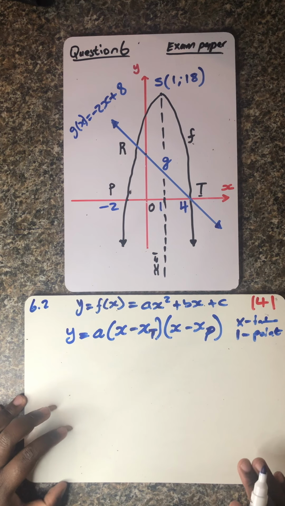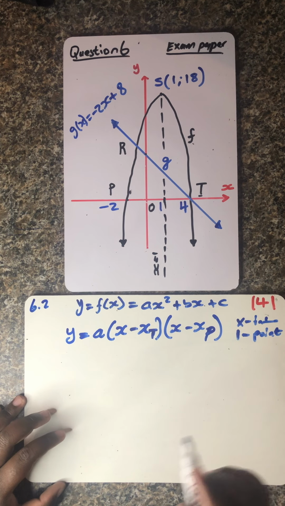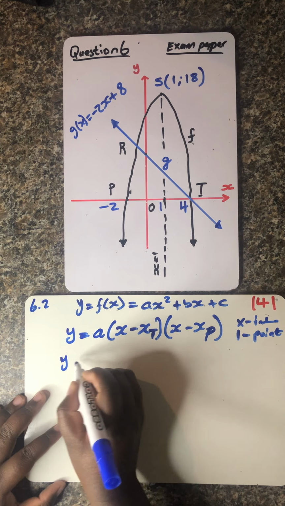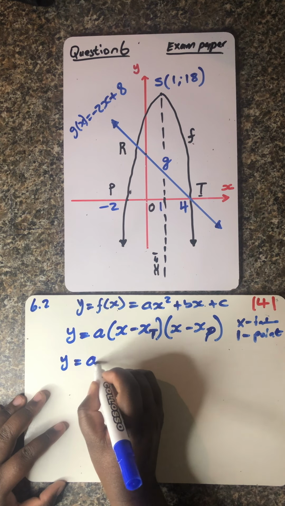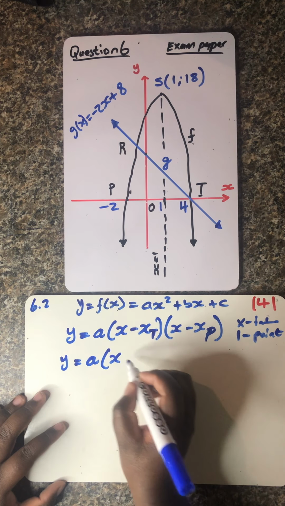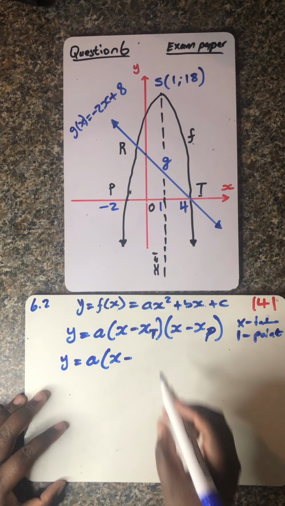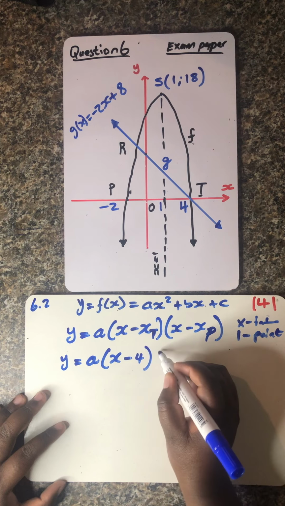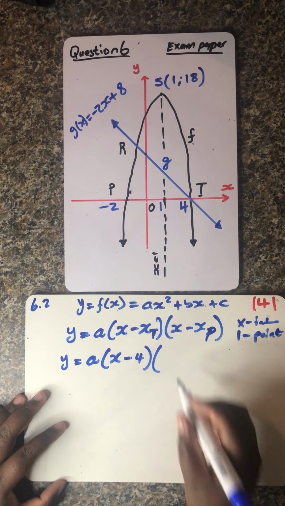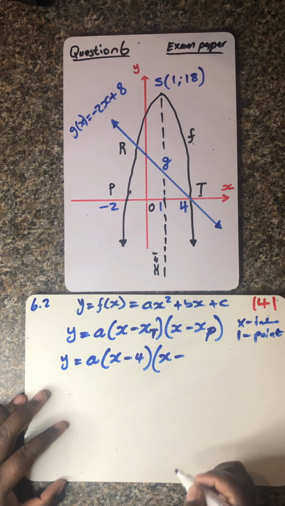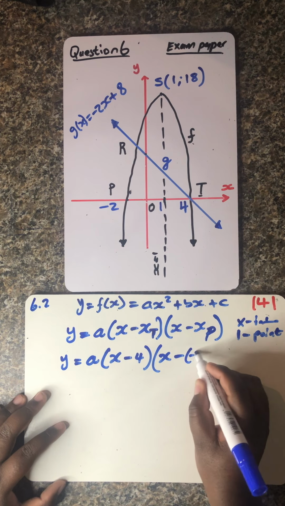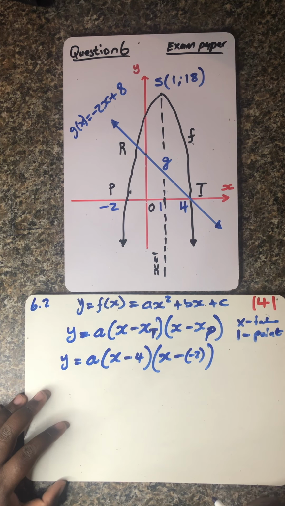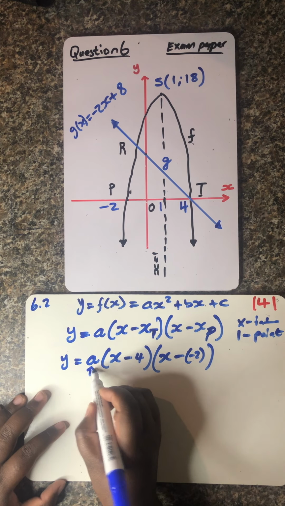Let's substitute. We've got y equals a times (x minus 4), the x at t, times (x minus the x at p), which is -2.